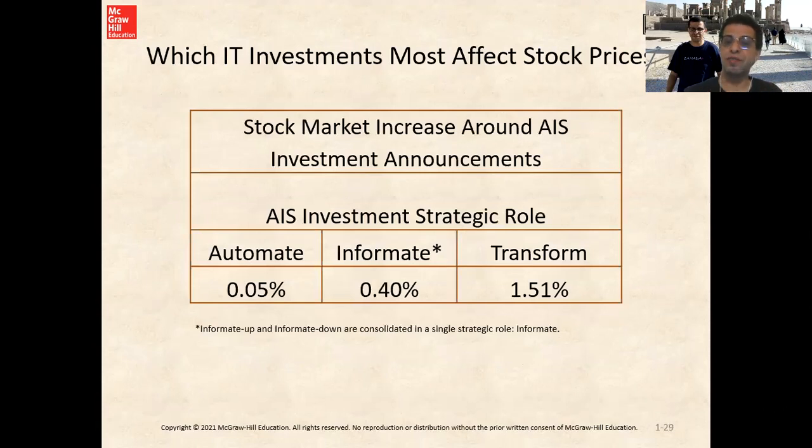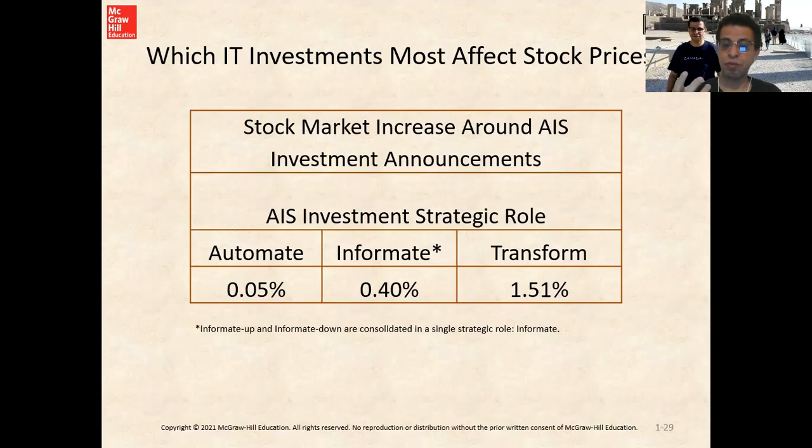So which IT investment do you think most affects the stock price? The stock market increase around an AIS investment announcement. When you say you are going to invest in AIS, which strategic role are you going to pursue: automate, informate, or transform? We noticed a 0.05% increase in the stock in general.